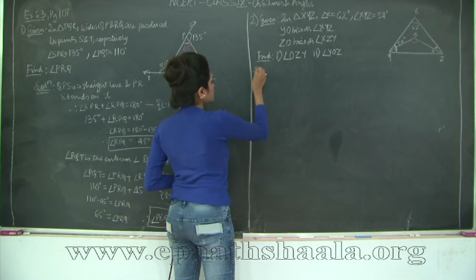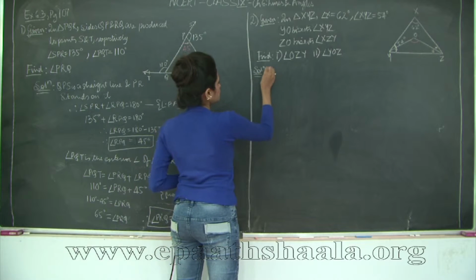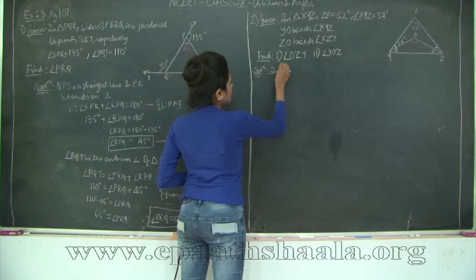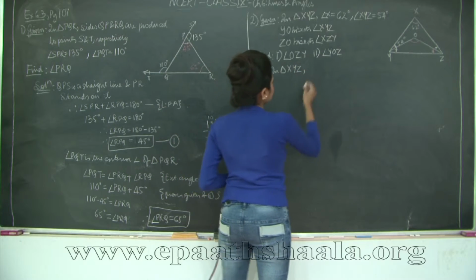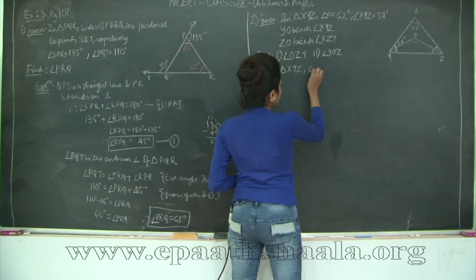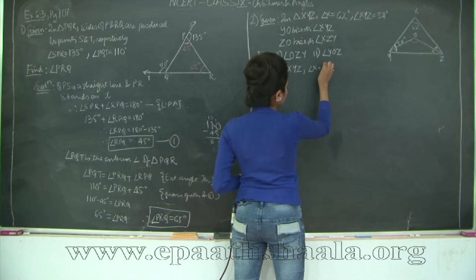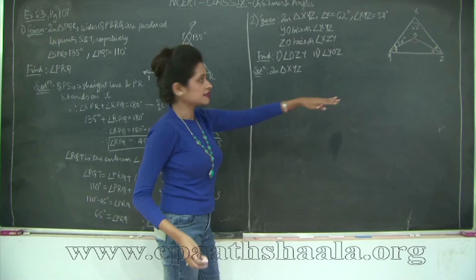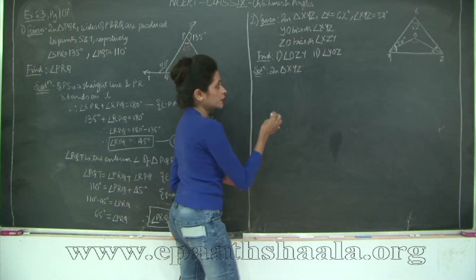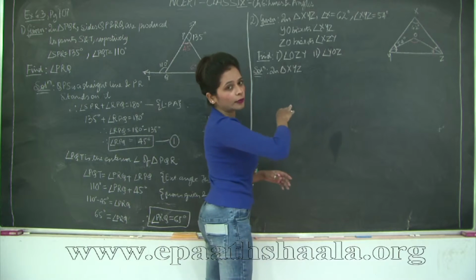So I'll say solution. In triangle XYZ, angle X plus angle Y, or let's write the full angles using the 3 vertices, because otherwise it will get really complicated later.